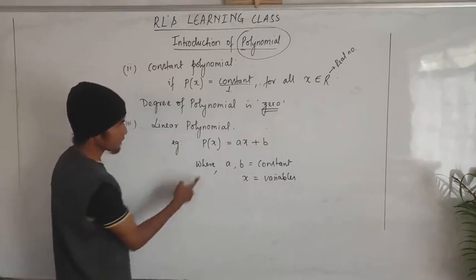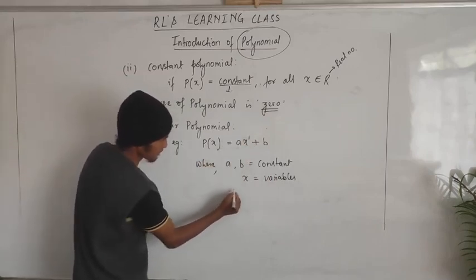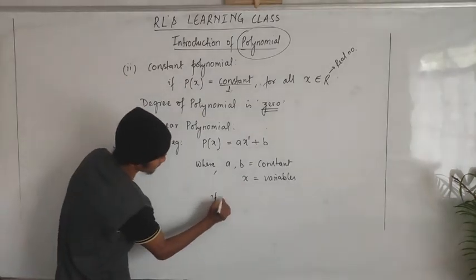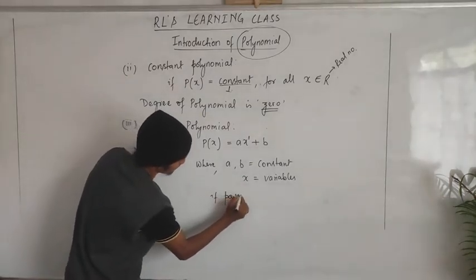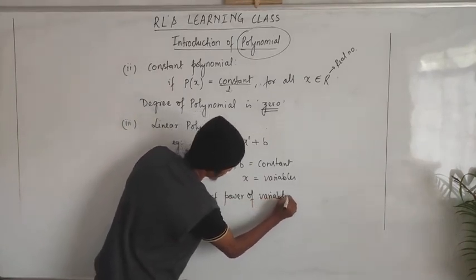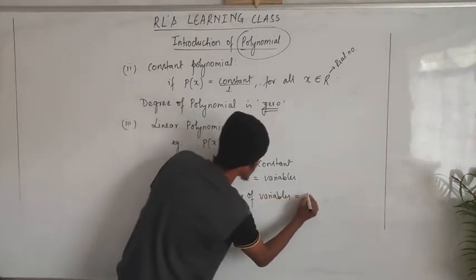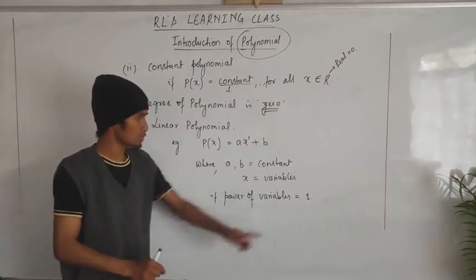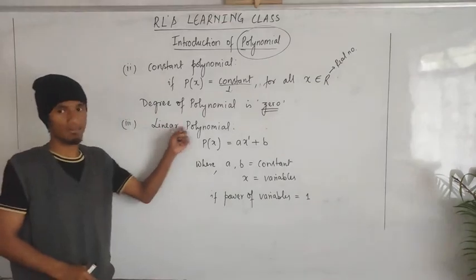But here the power of x is always equal to 1. If the power of the variable is always equal to 1, then only we call it a linear polynomial.